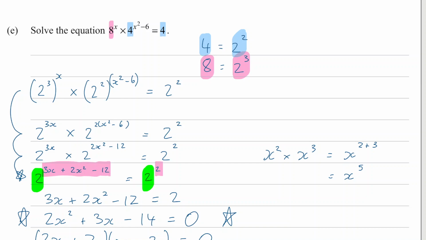We could then equate the powers, which boiled us down to a quadratic equation, which we then solved however you like, right? Factorizing by grouping, by inspection, quadratic formula, whatever. And then that got us our 2 solutions for x.